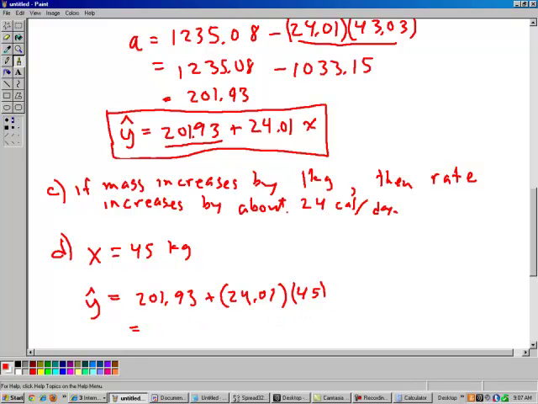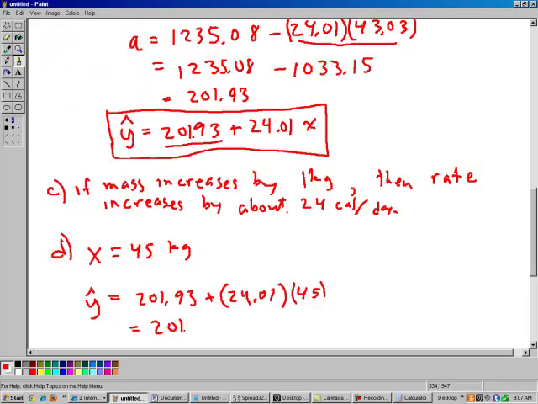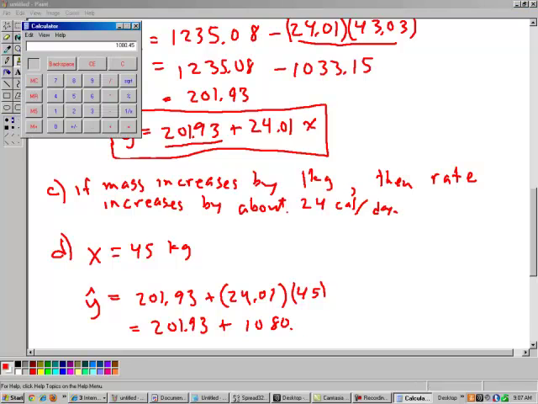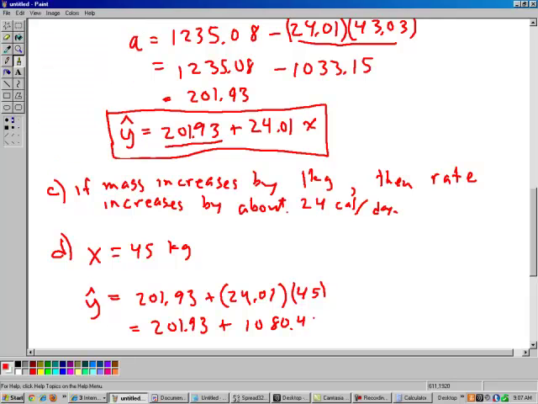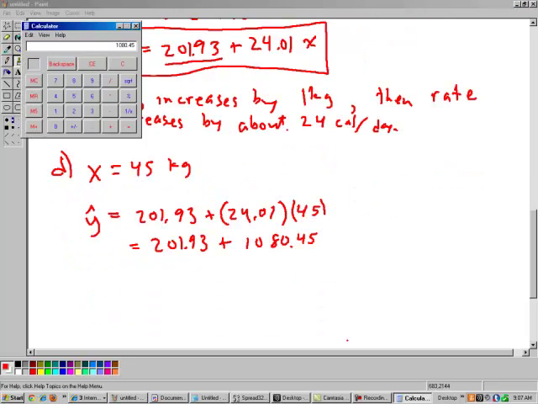So I'll use my calculator here. I'll do 45 times 24.01, which is 1,080.45. So I've got 201.93 plus 1,080.45. Okay, add those two together. Back to the calculator.